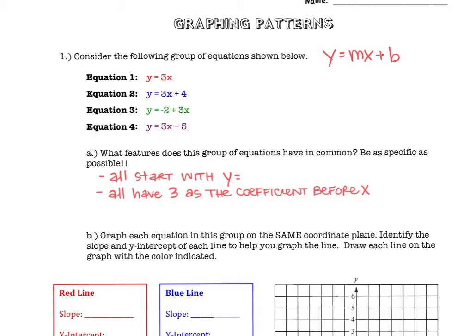Before we called it function form, and function form and slope-intercept form are the exact same thing. And in this equation, that m, that number before x, is the slope, and the constant is the y-intercept. So that's going to be really important to complete this activity.